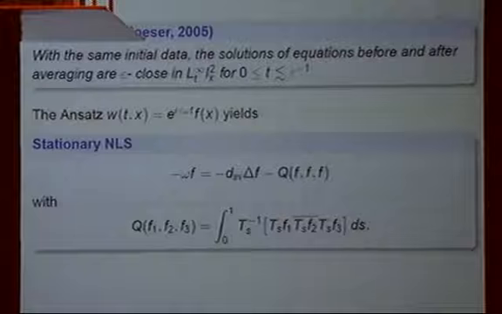Then we get negative omega f equals that diffraction average constant multiplied by this discrete Laplacian of f minus q of f, where q is given just like before. Just substitute this one, and then you will get that.